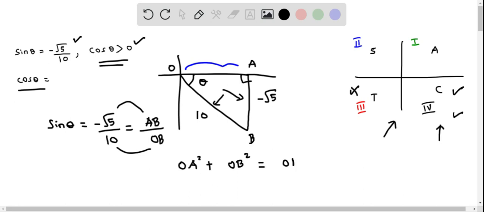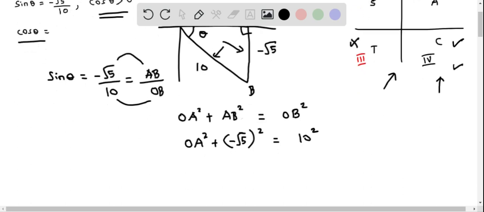This is AB squared, the other side, and OB is the hypotenuse, so this becomes OA squared plus AB squared equals OB squared. Now we replace AB and OB to determine OA. So this becomes OA squared plus negative root 5 quantity squared equals 10 squared.